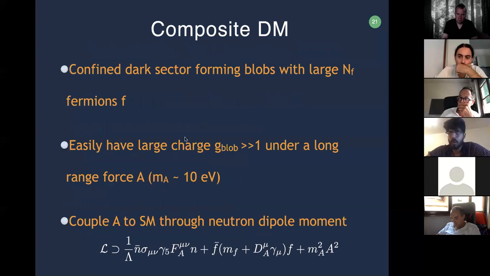So we will invoke a composite dark sector, the reasons for which will be clear soon. The dark sector consists of some dark fermion F, and it confines at some scale, say a few MeV or a little lower, a few keV, and it forms these big blobs with large N_F. With this construction, it should be very natural to see large blob charges greater than 1.